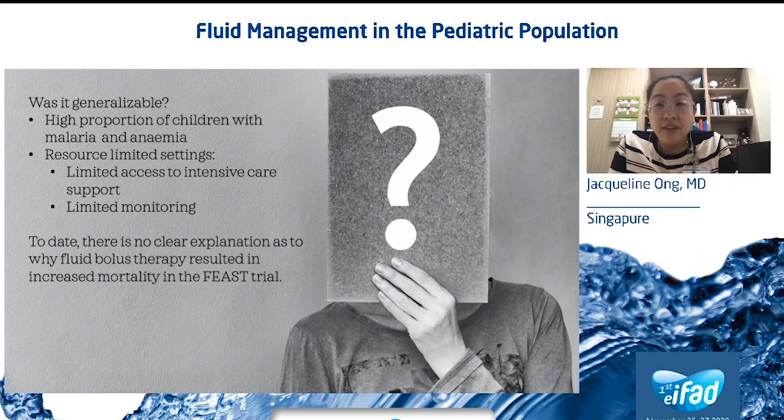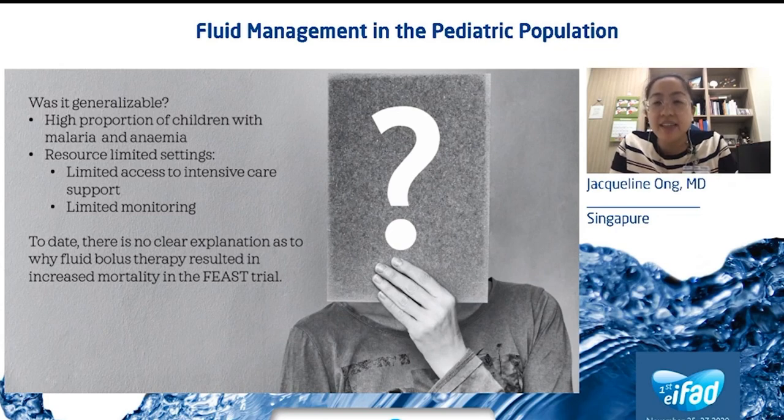It may not be generalizable to children who do have access to monitoring and to intensive care. And also the spectrum of disease with a high proportion of malaria and anemia is unusual in resource-rich settings. But this has obviously been a bombshell in how we routinely resuscitate kids with fluids, and perhaps that not all of it is benign.